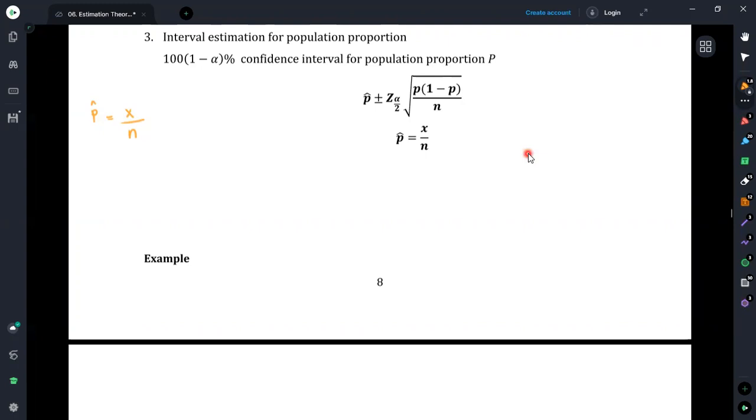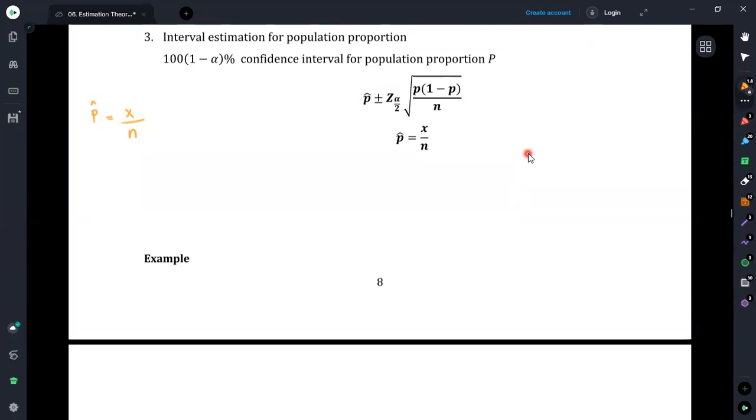Then we can construct this 100 times 1 minus alpha percent confidence interval for the population proportion by using the equation p hat, where p hat is x over n, x is the number of elements in the particular category that we have considered, and n is the total number of observations. Then we get p hat plus or minus z alpha over 2. In the last session, we discussed how to define this alpha and how to use this z alpha over 2 using the normal table.